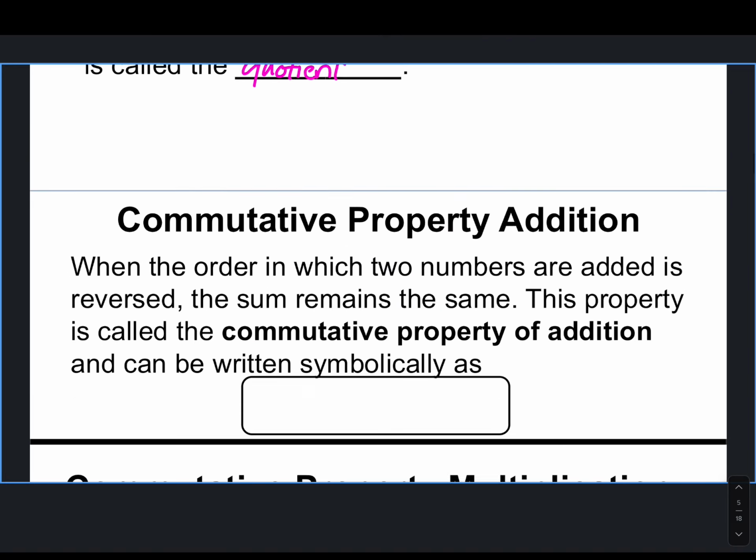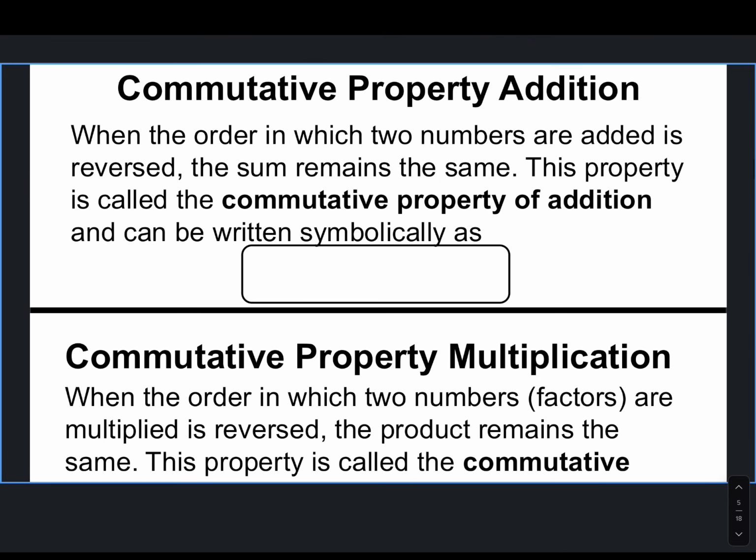I'm proud of you. Okay, the commutative property of addition. So when the order in which two numbers are added is reversed, the sum remains the same. In other words, we can add numbers together in any order we want to. You can change the order, doesn't change a thing. This property is called the commutative property of addition.